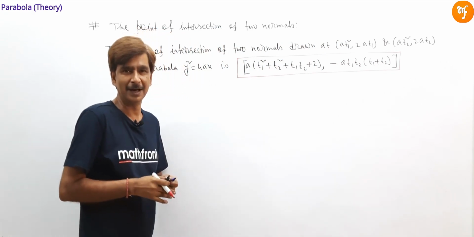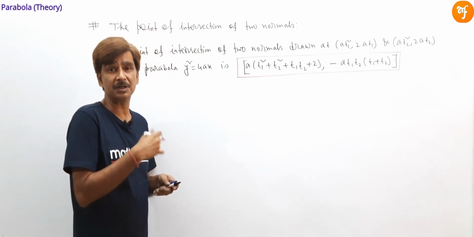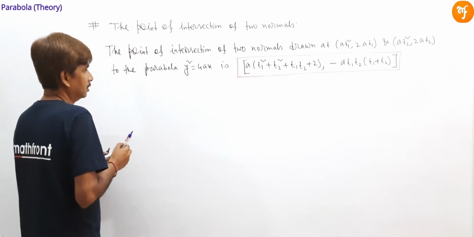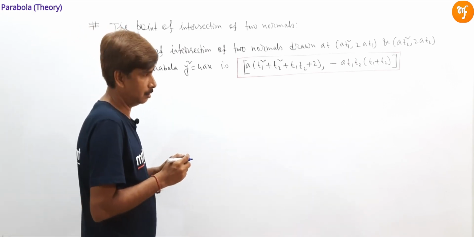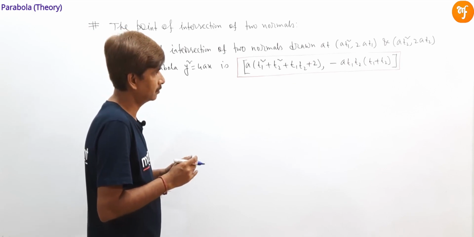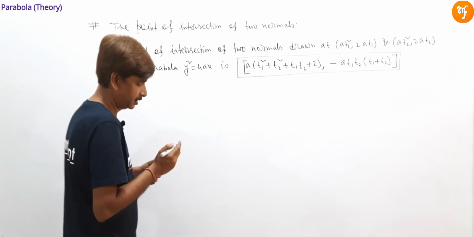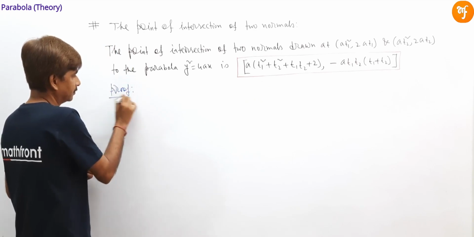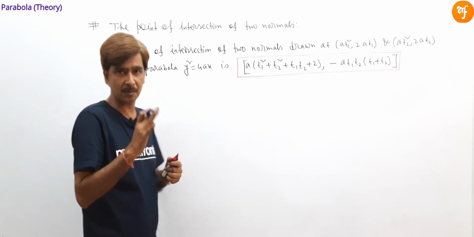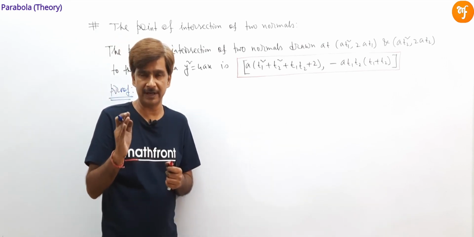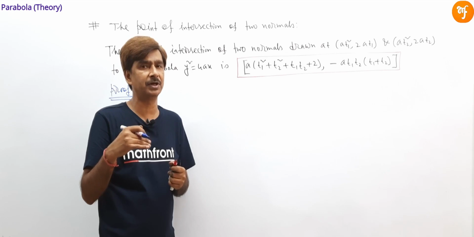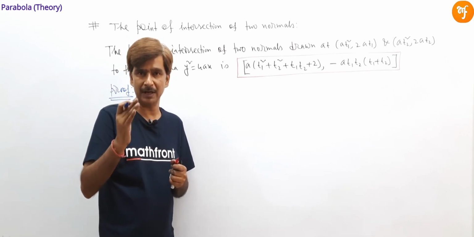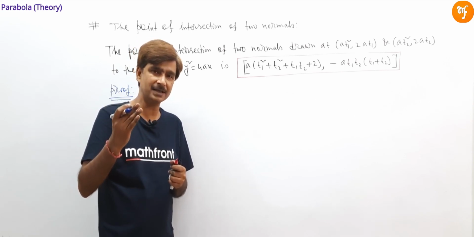Now we are going to prove how this point of intersection comes. Look, the equation of normal to the parabola y² = 4ax drawn at (at1², 2at1) is y = -xt1 + 2at1 + at1³.